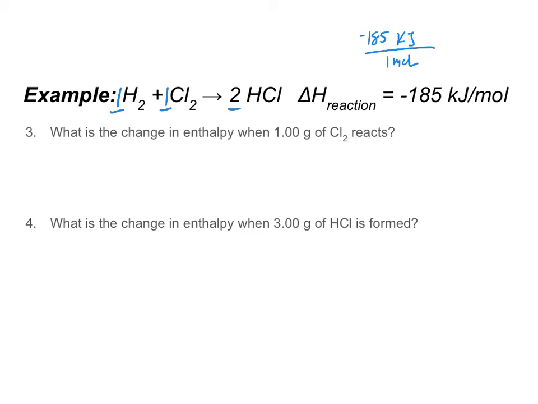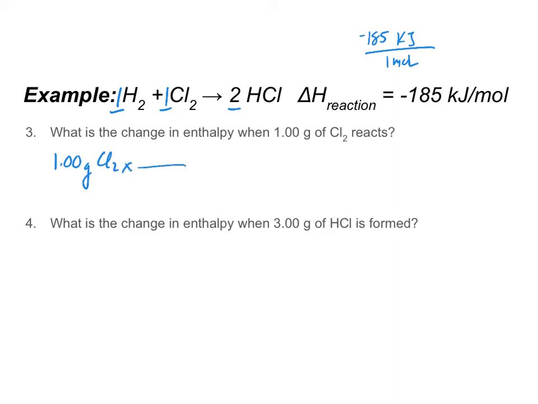And so what we're looking for is our value that's associated with this. So what we're going to do is take the 1 gram of chlorine, which in this case is Cl2, and change it to moles.